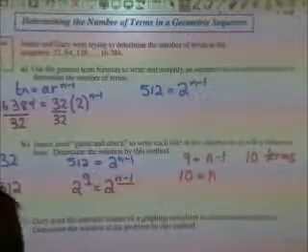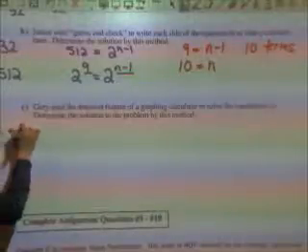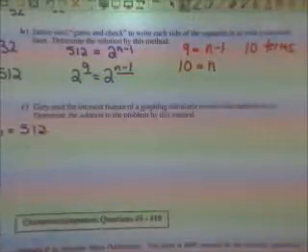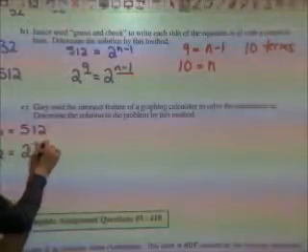The other way is I could graph this, and that's what Gary did. Gary said, let y1 be equal to 512, and then I'll let y2 be equal to 2 to the power of n minus 1.